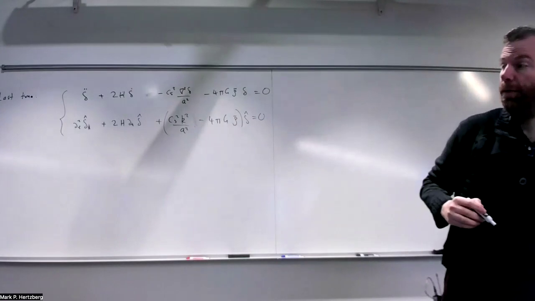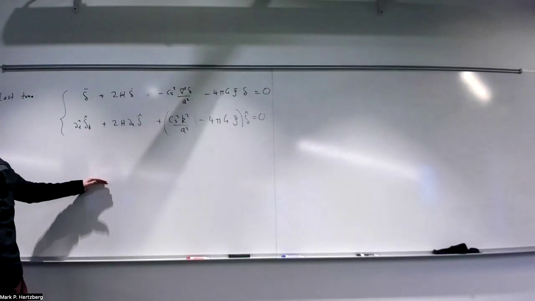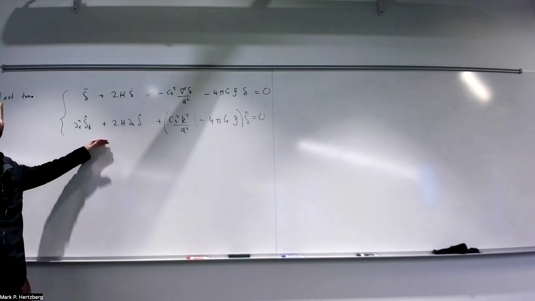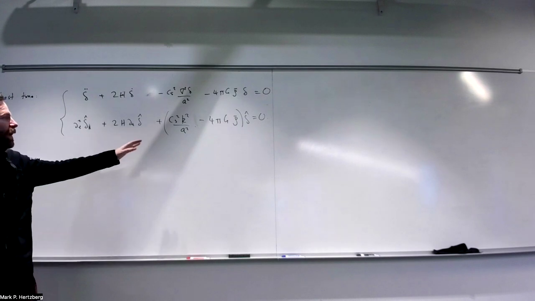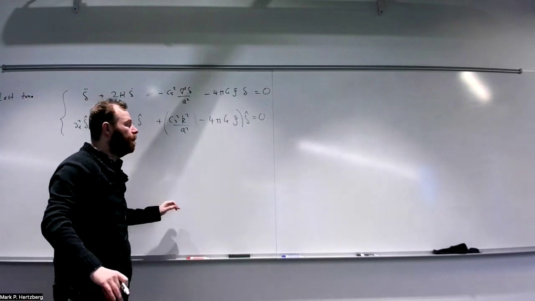What we should really be thinking about, if we were to do the full analysis, would not just be to write down this equation, but to write down a sequence of equations, considering the fact that there are multiple species. We could write down something like this for the dark matter, something like this for the baryons, and so on.